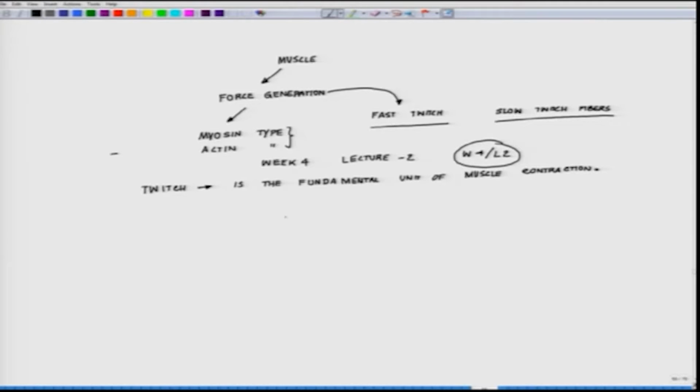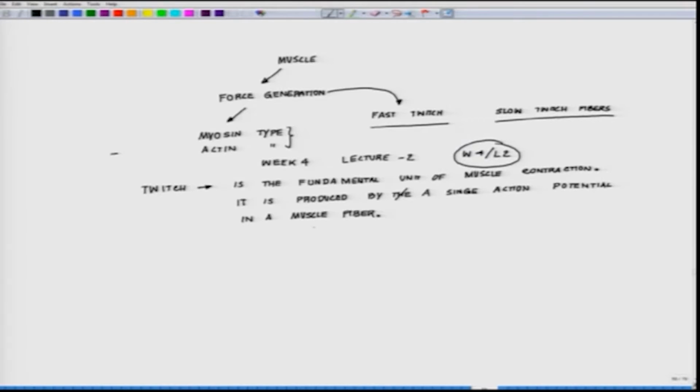It is the contraction that is produced by a single action potential in a muscle fiber.